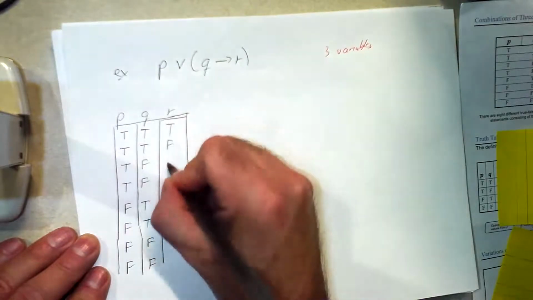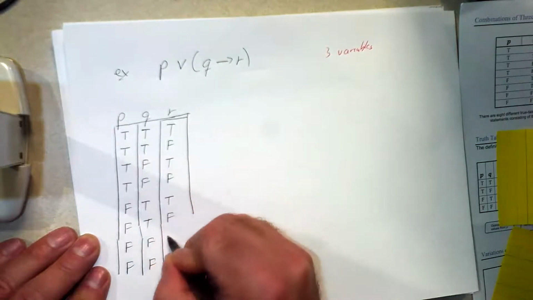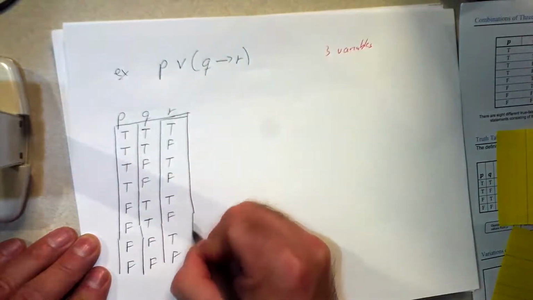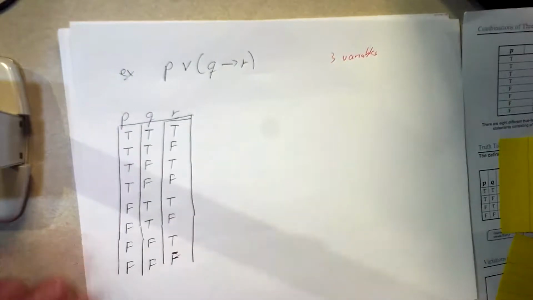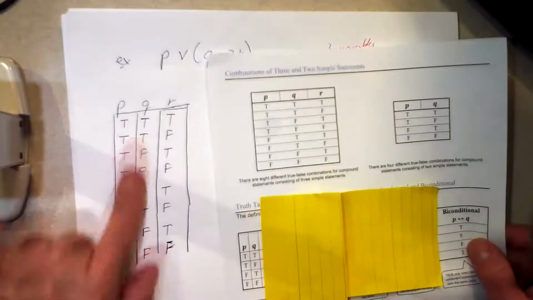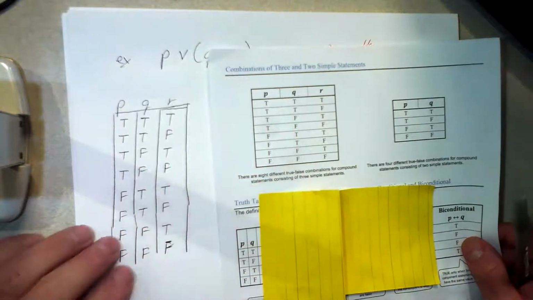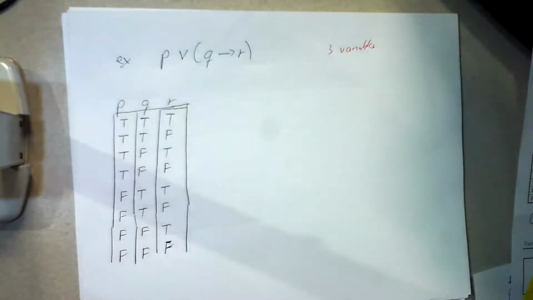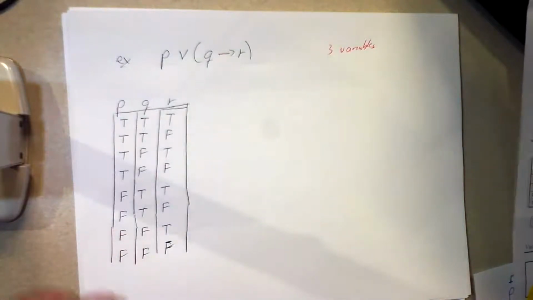T, F, T, F, T, F, T, F. Okay, and you can double check. This table should match exactly like this. All right. So what do we do first? Parentheses. That's correct. We're going to do the parentheses.